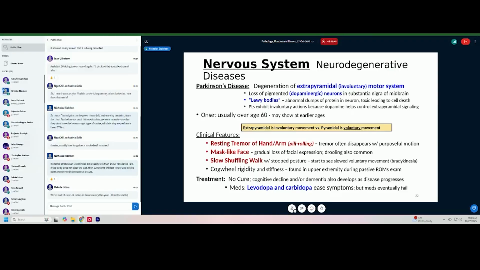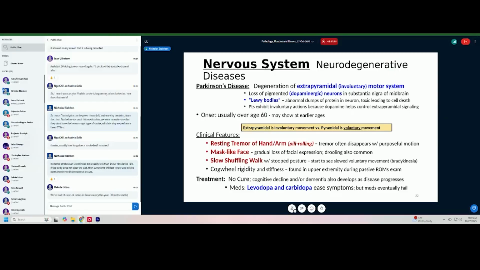When they do a biopsy of people who have Parkinson's, they can see what are called Lewy bodies. These are abnormal proteins that develop in the substantia nigra, and they're toxic to the cell. They cause cell death, which is why they don't make dopamine anymore. And when we lose dopamine, then we lose that ability to control those motions in a smooth way.